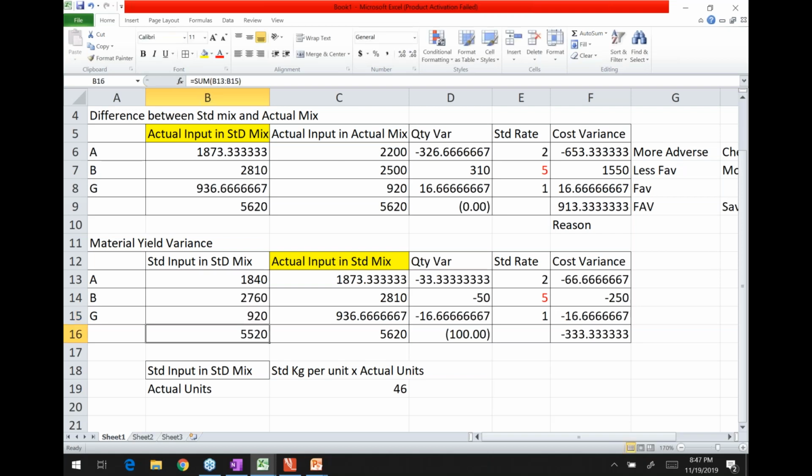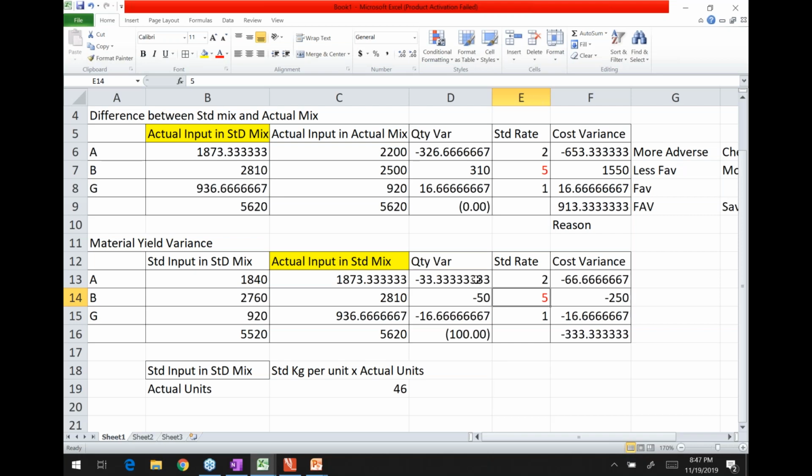And see, done. I didn't have to do anything else. And the answer is in front of you. So this is what I love about spreadsheets. The only thing I did was 40 standard input into 46 units, 60 into 46, 20 into 46, and everything was already done as I copy pasted from mix, and I will get the answer.